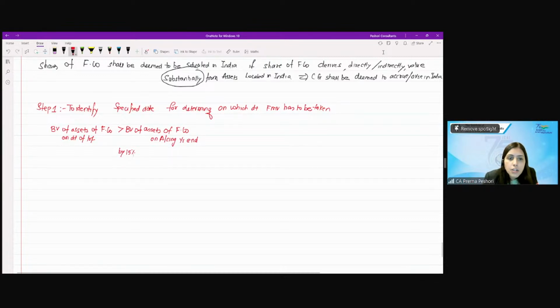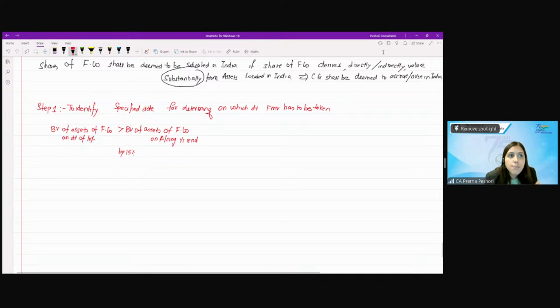Now, in simpler terms, what will this mean? You take the book value of the assets as on the date of transfer and see whether it exceeds by 15% the book value of assets as on the accounting year end date.